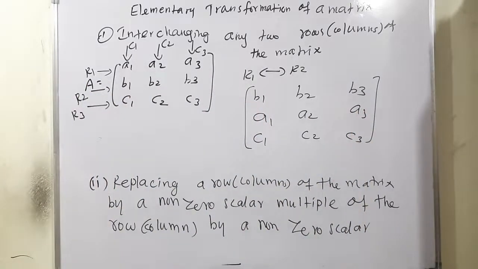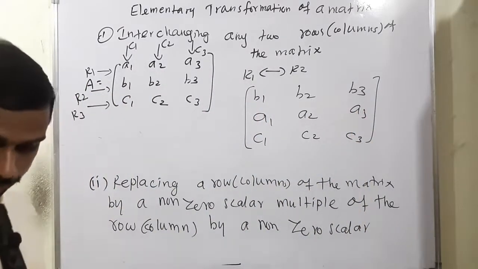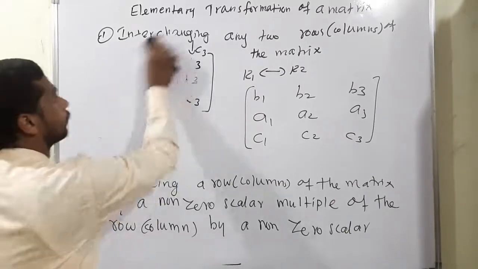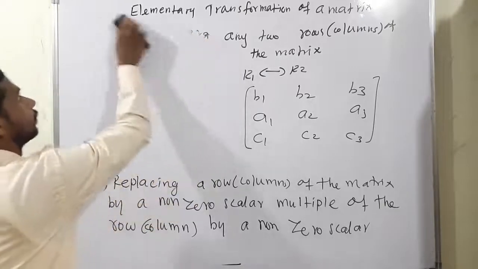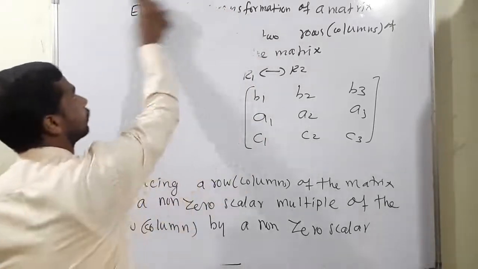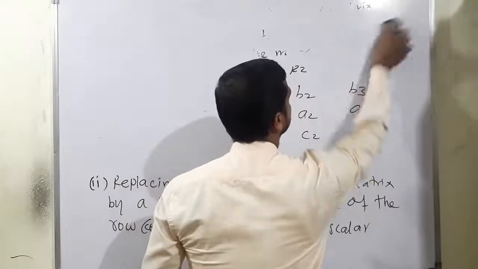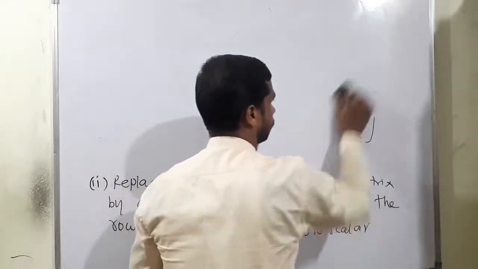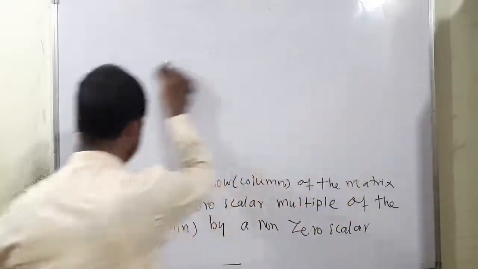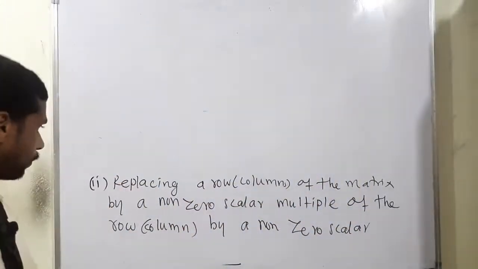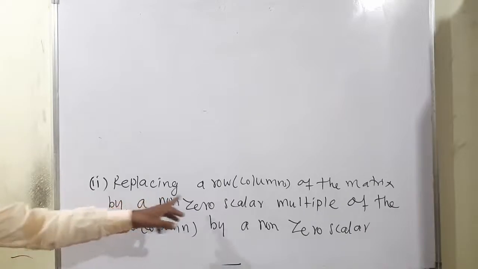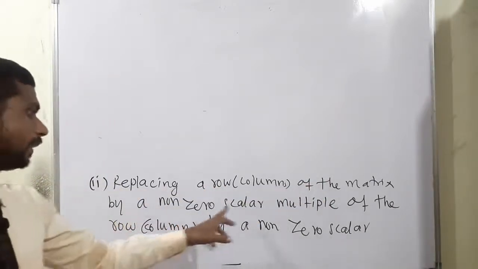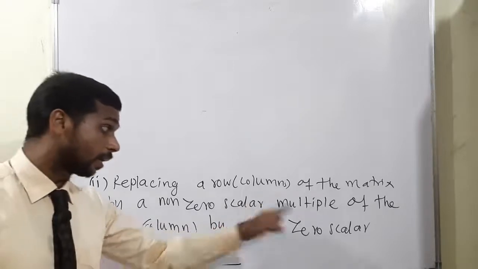I am moving to condition number 2. It says replacing a row or column of the matrix by a non-zero scalar multiple.